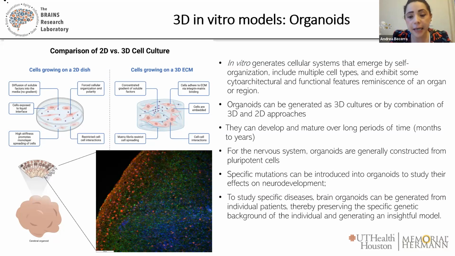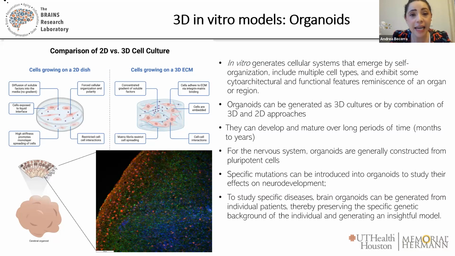For the nervous system, organoids are generally constructed from pluripotent stem cells. However, there are also models of tumoral organoids, which we can obtain from tumoral cells, and also from some adult stem cells. Specific mutations can be introduced into organoids to study their effects in neurodevelopment.